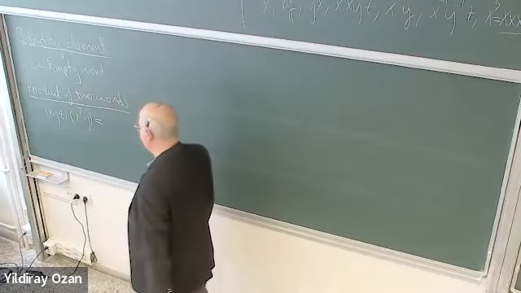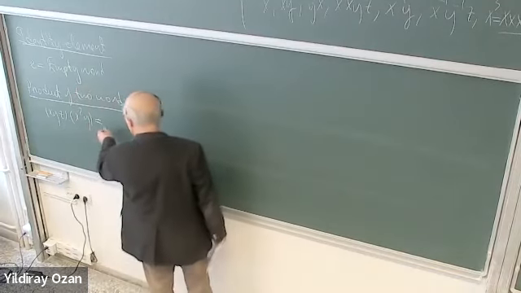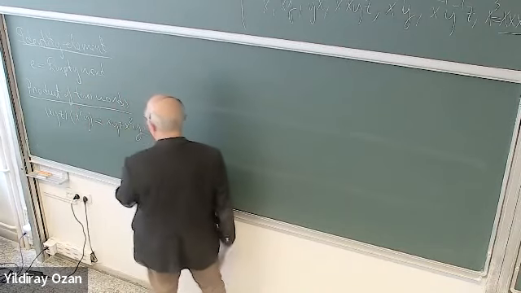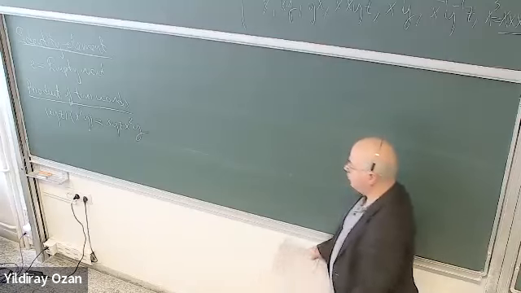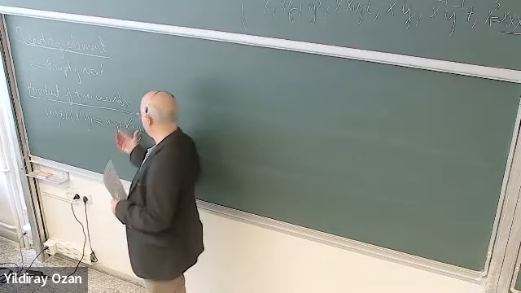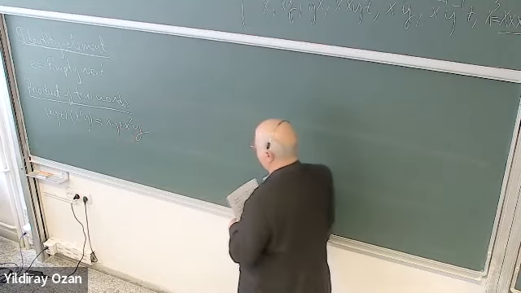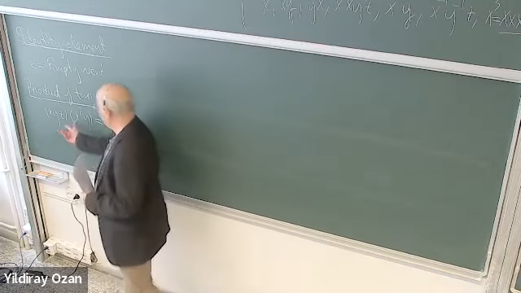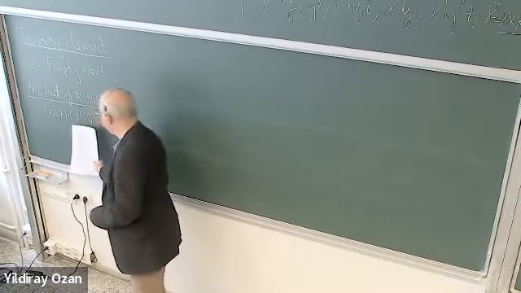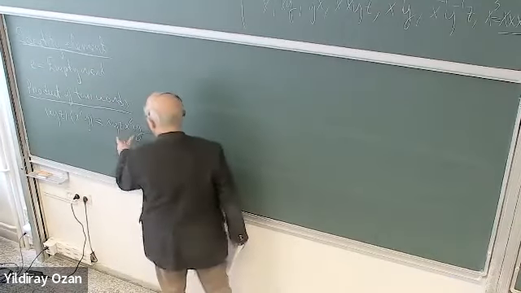For example, if this is a word and this is another word, how do we define the product? Well, you just drop the parentheses and write the word obtained by putting one next to the other, obeying, of course, the order. This is the first word, this is the second word, so I just put them like this.